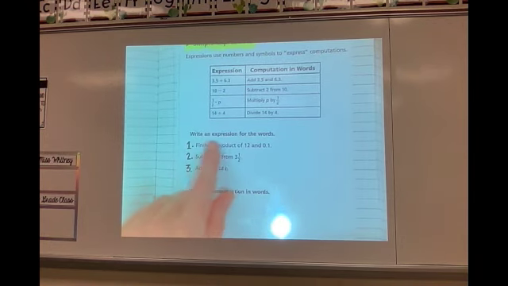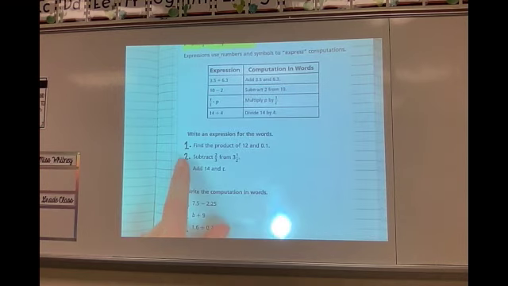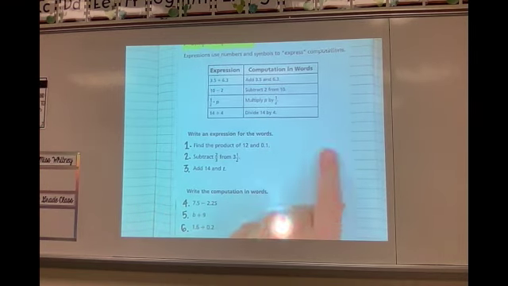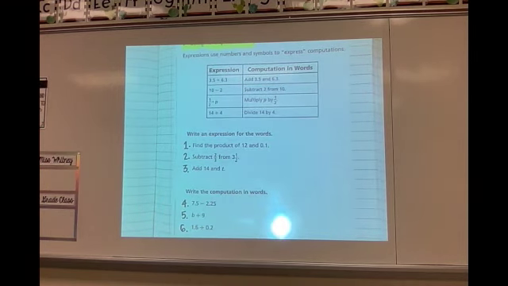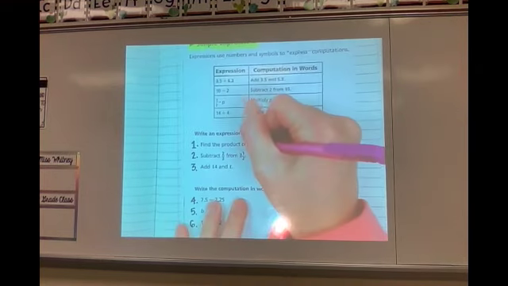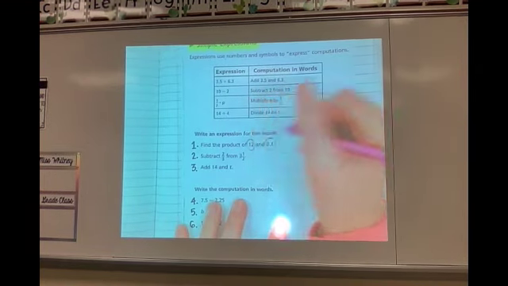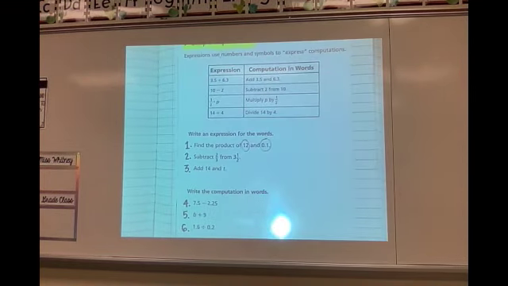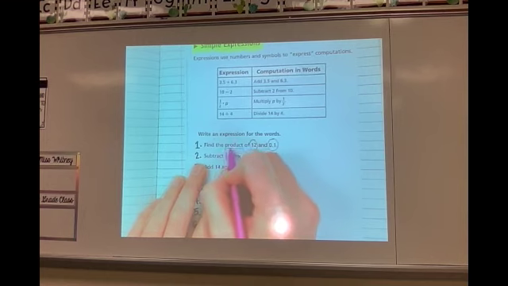This says write an expression for the words. So they're going to give it to me in words and I have to write it with numbers and symbols. Number 1 says find the product of 12 and 0.1. Well, I like to find my numbers first. So I'm going to be using those two numbers. And then I need to find my keyword because that's going to tell me what operation I'm supposed to do. I notice that product is a keyword.